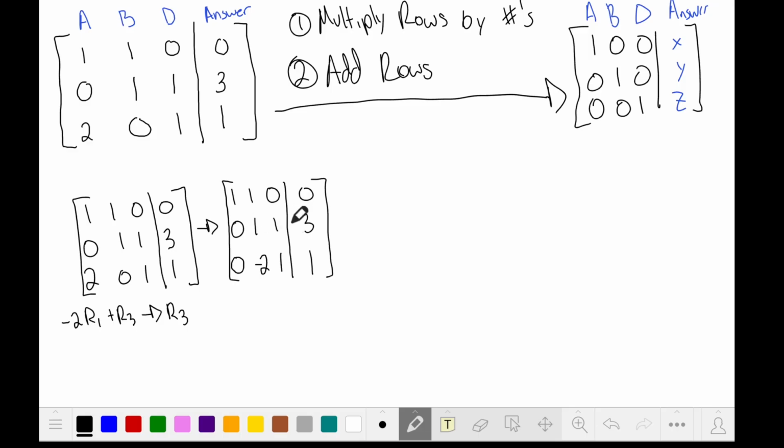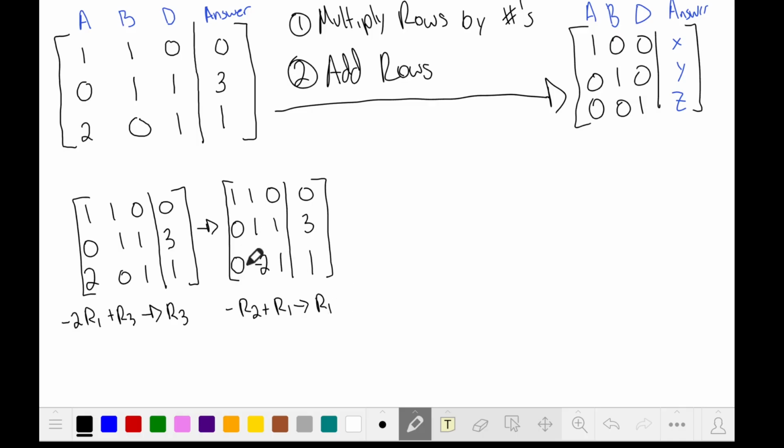Now for row number 2. We want that first digit to be a 1, which it already is, but now we need to get rid of the stuff above and below. So what I'm going to do is multiply row number 2 by -1, so I can get rid of the 1 on top of it. So it's going to be minus row 2 plus row 1 becomes my new row 1.